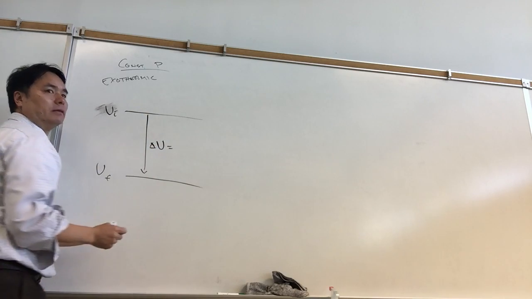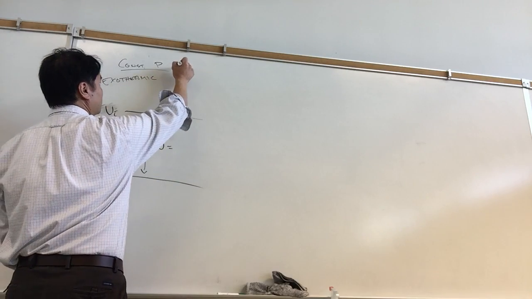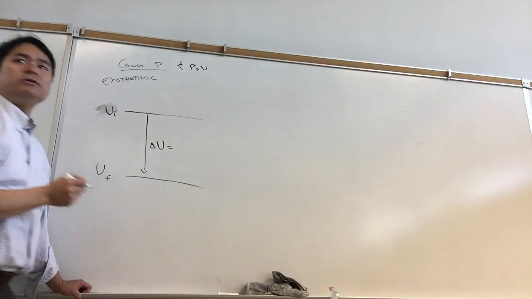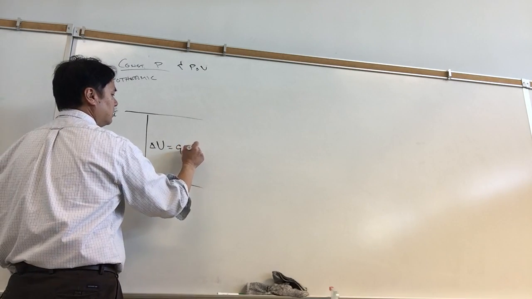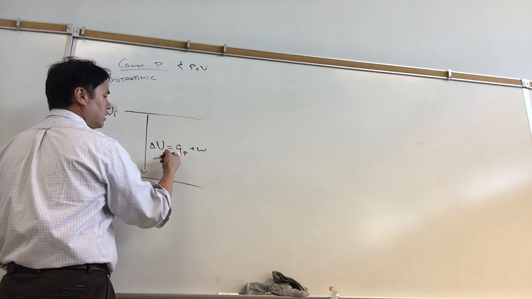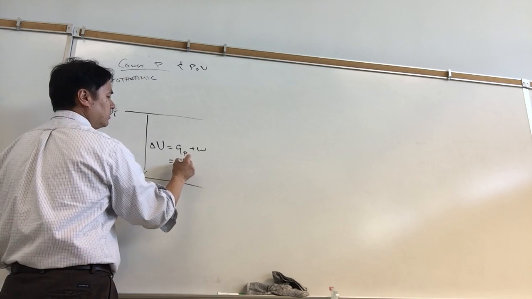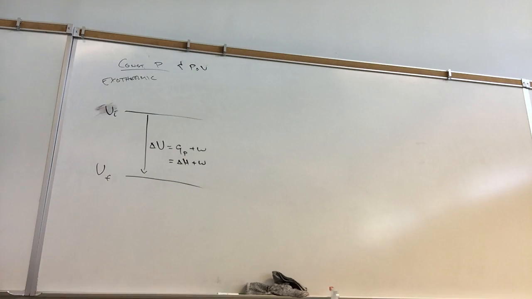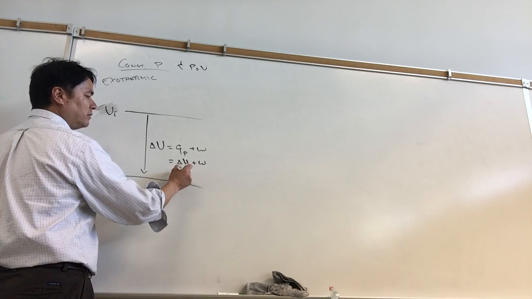Delta U is equal to what? So delta U is going to equal, well, we're doing this constant pressure and P delta V work. And so if we do that, then delta U is equal to QP plus W. In other words, QP here is going to be delta H. So this is going to be delta H plus W. Now, is delta H negative or positive?